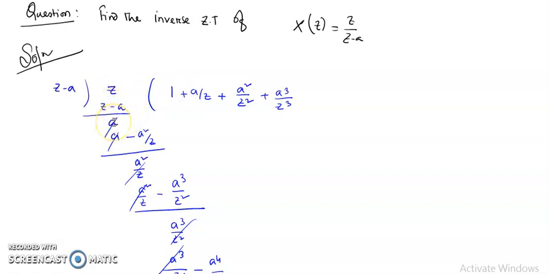So if you want to find a, then you need to multiply this z minus a by z, then only z will be cancelled, you will get an a. So if you multiply this a by z with this, then you will get a minus a square by z. Similarly, you will get here a square by z, then again you take this coefficient and multiply.